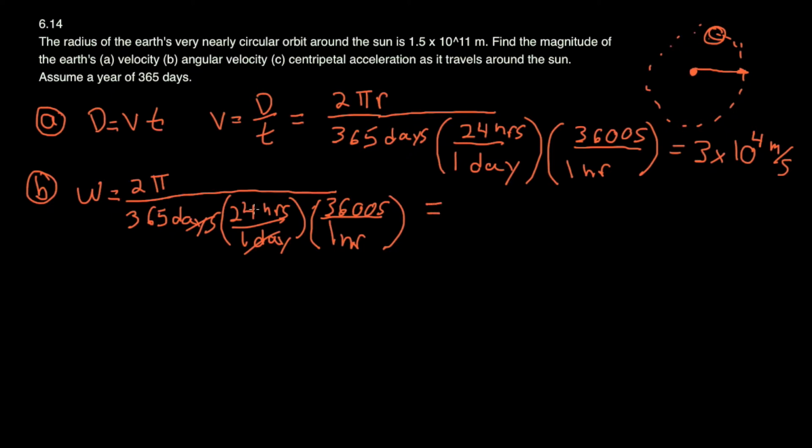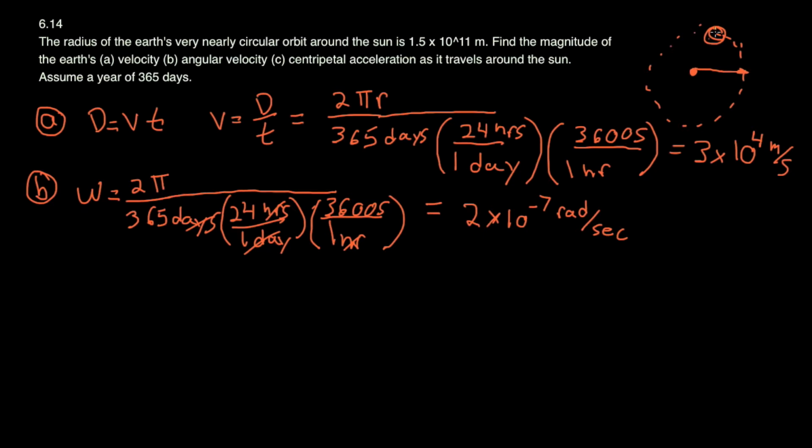Okay. So now our hours cancel, and so we're left with just seconds. And so when you put this in your calculator, this comes out to 2 times 10 to the negative 7 radians per second. So that means the Earth covers 2 times 10 to the negative 7 radians per second.